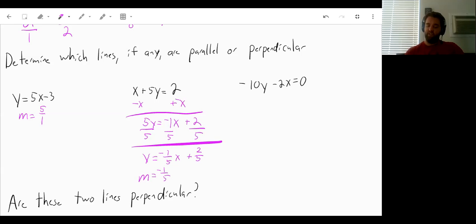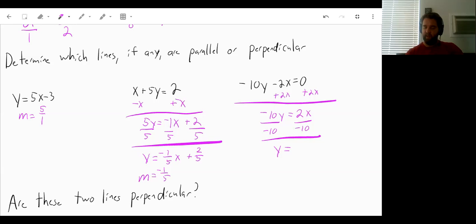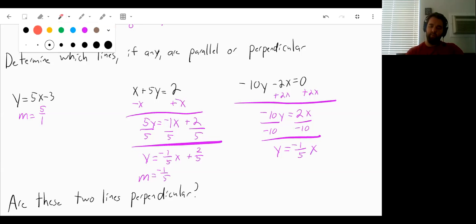For the last equation here, we're going to add the 2x to both sides, so we can try to get the y by itself. So we've got negative 10y equals 2x. And now I can divide both sides by negative 10. And y comes out to be negative 1/5 x. So which lines are parallel?